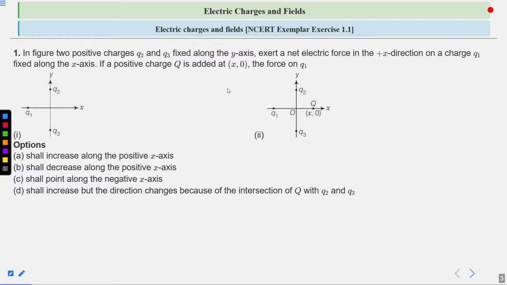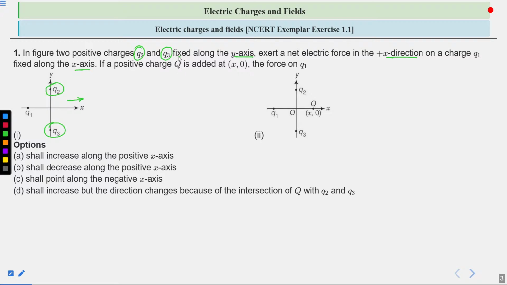So, our first question is, in the figure, two positive charges Q2 and Q3 are fixed along the y-axis. Look here, Q2 and Q3 exert a net electric force in the x direction on charge Q1 fixed along the x-axis.